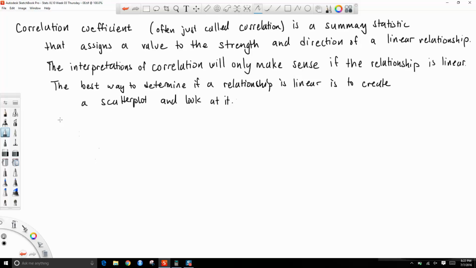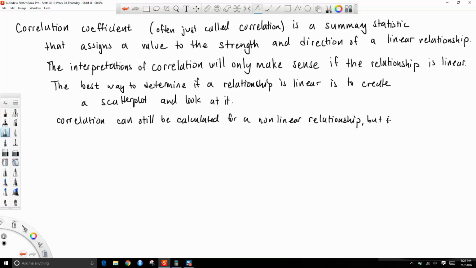So correlation can still be calculated, but it will not have any meaning or have a useful meaning.